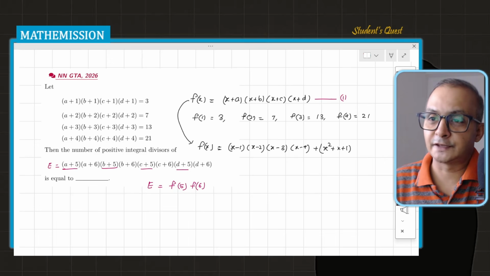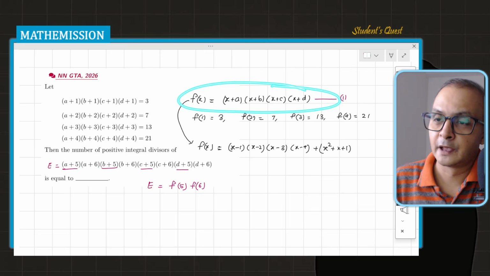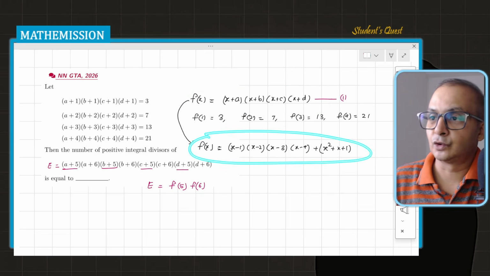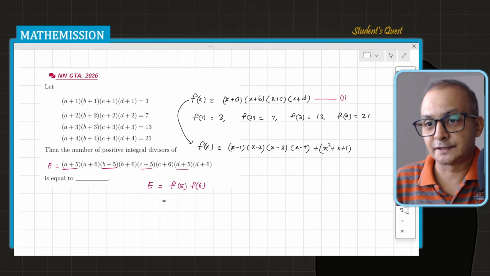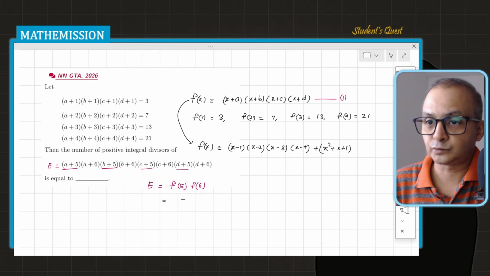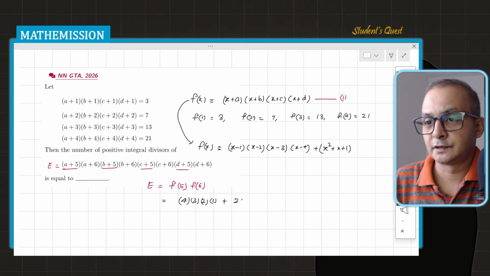Of course, we don't have to substitute f(5) and f(6) in this definition. We can instead substitute f(5) and f(6) here. So it's easy. f(5) is nothing but 5 minus 1, 4, then 3, 2 and 1, times 25 plus 5 plus 1.